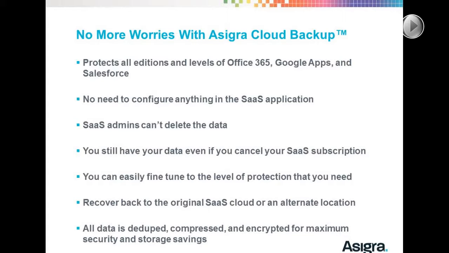There's also no need to configure anything in the SaaS application. So you don't need special Office 365 training around their specific data protection capabilities, so you avoid that cost and complexity. A follow-on to that is your SaaS admins can't inadvertently or purposely, for that matter, delete your data, even if they want to, because it's being protected in a completely separate environment.